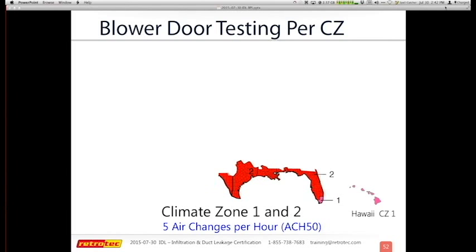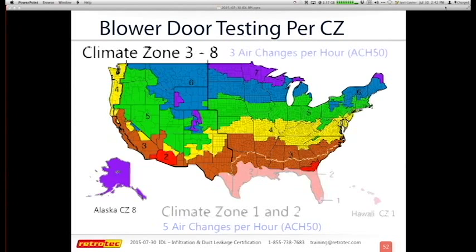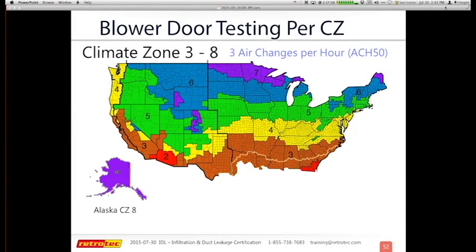And climate zone 2, Georgia has some climate zone 2, but they adopted it to be equally 3 all the way across. So for the rest of everybody, this is climate zones 3 through 8. Again, requiring 3 air changes per hour. And you can tell that's kind of the majority of those who are doing that test.